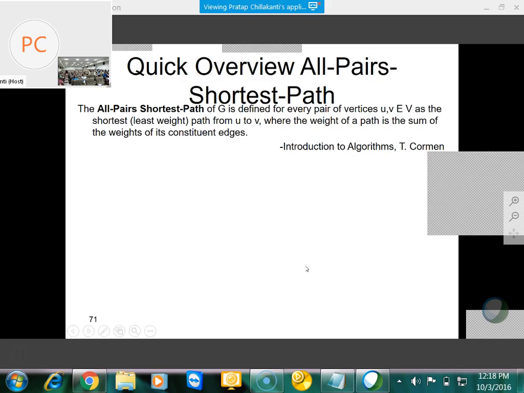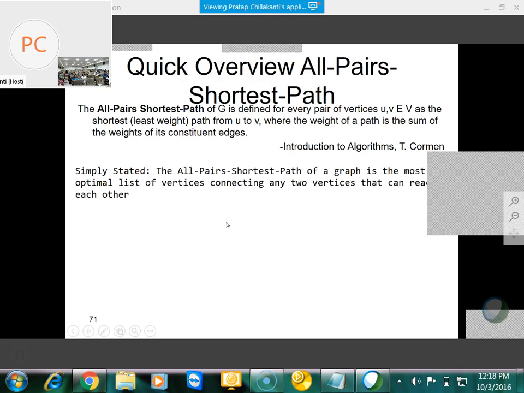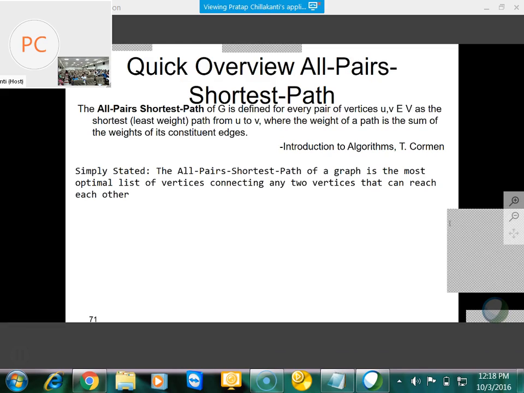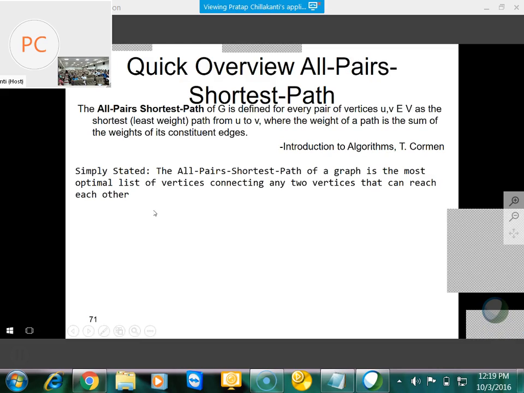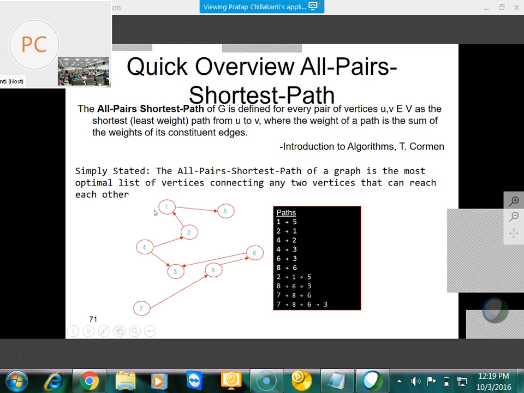Okay, this is good. So what is the all pair shortest path? It's a graph that has the most optimal list of vertices connecting any two vertices that can reach each other, okay? Okay, there it is.